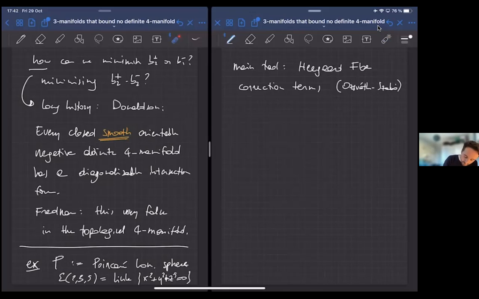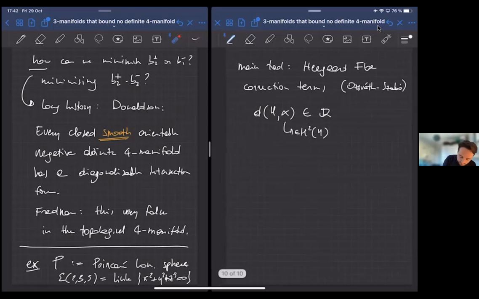hadn't been done. And I'll be lying a bit, but correction terms are rational numbers associated to a second cohomology class of Y. So you have as many of them as you have second cohomology classes, or first homology classes by Poincare duality.